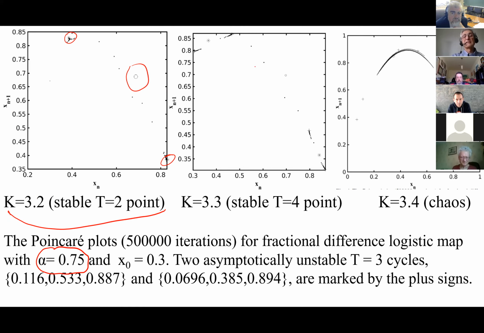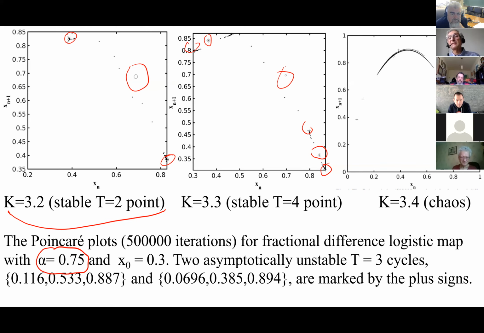Then the next Poincaré plot is for a period 4 point, and again, there is clear convergence to the period 4 point, and those unstable period 2 and fixed points are acting as a repeller. And the last graph is a chaotic area.